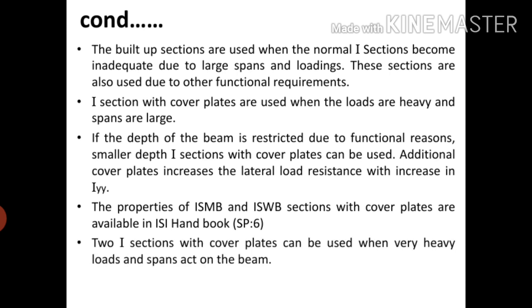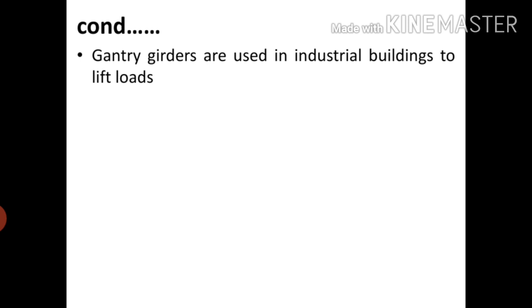Then the properties of ISMB and ISWB sections with cover plates are available in the ISI handbook, that is SP6. Two I sections with cover plates can be used when very heavy loads and spans act on the beam. Sometimes gantry girders also act as a beam element.